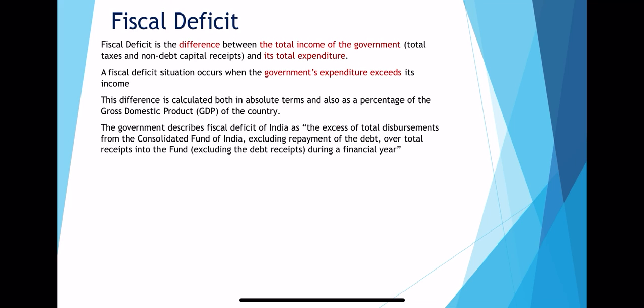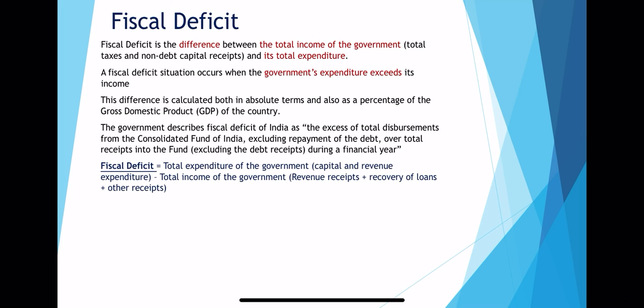And in the money they are getting into the Consolidated Fund of India, we have to exclude the debt receipts. If you leave these two things, then the expenditure done from the Consolidated Fund of India minus the money the government is putting into it is the fiscal deficit.